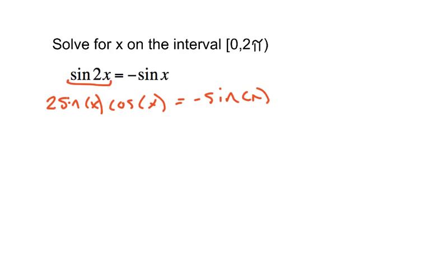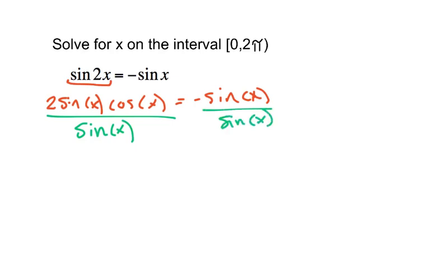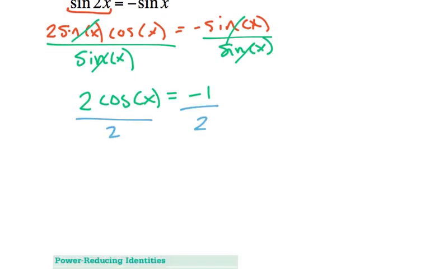Then I see that there is a sine in both sides, so I'm going to go ahead and divide both sides by sine. And so the sines will cancel, and we'll be left with 2 cosine of x equals -1. Then to both sides, we're going to divide that 2 out. And so we're going to try to solve when is cosine -1/2.